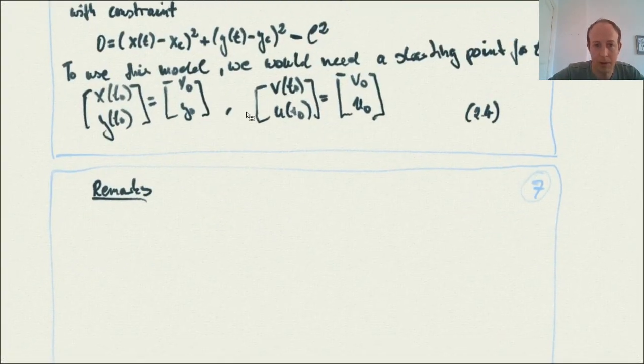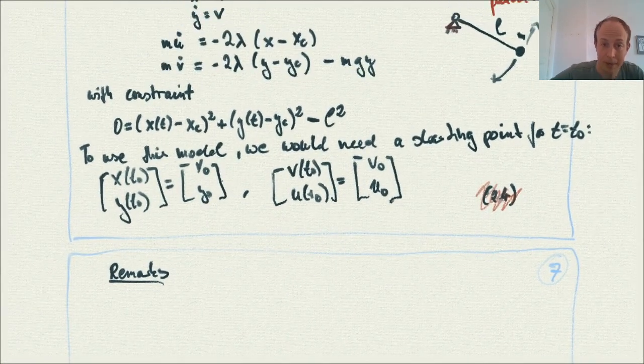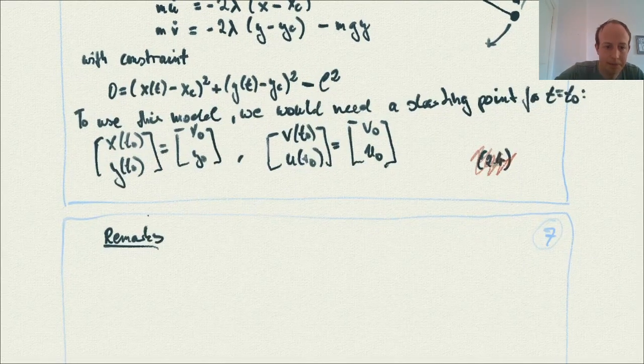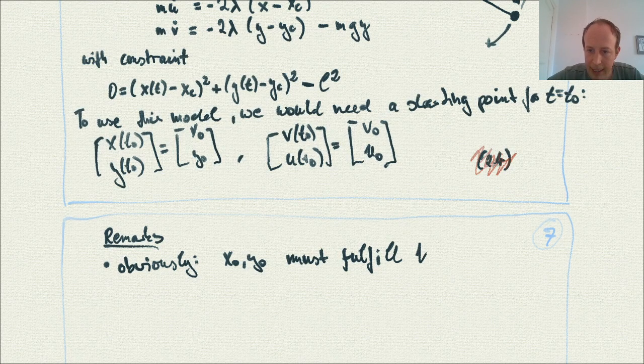So these initial positions need to lie on the circle, meaning x0, y0 must fulfill h at t equal to t0.